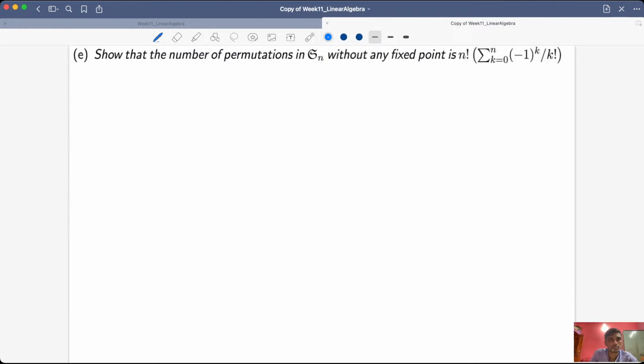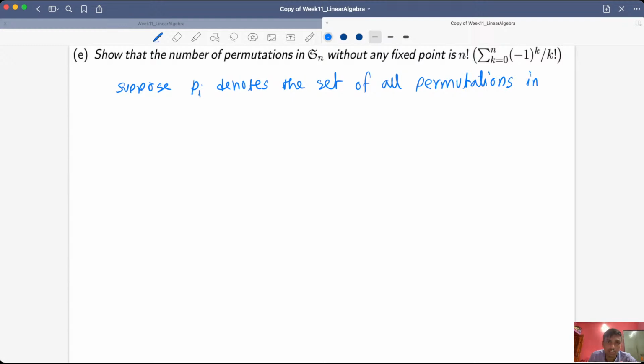Suppose let's say Pi denotes the set of all permutations in Sn that fixes i, where i belongs to 1 to n.